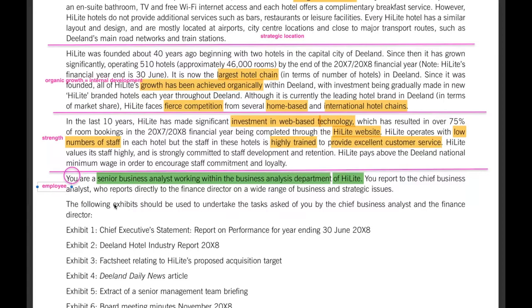Why do I put this in? You are a senior business analyst. Yes, that's your role.